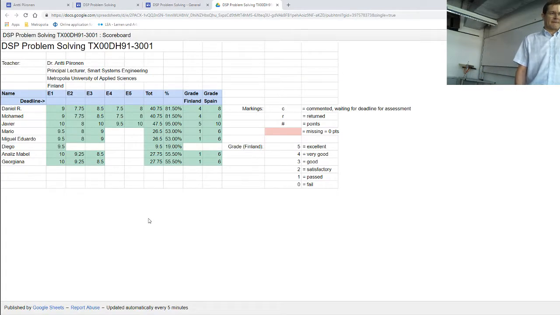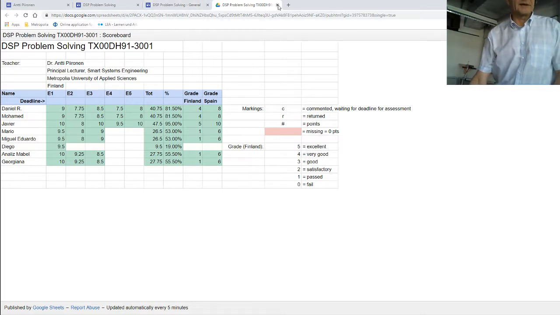Scoreboard. That seems to be last year's scoreboard. DSP problem solving 3. And let's see, those look like Daniel Rodriguez, Javier, Mario, Miguel Eduardo. It sounds like Spain, right? That was from Alcalá University of Applied Sciences.